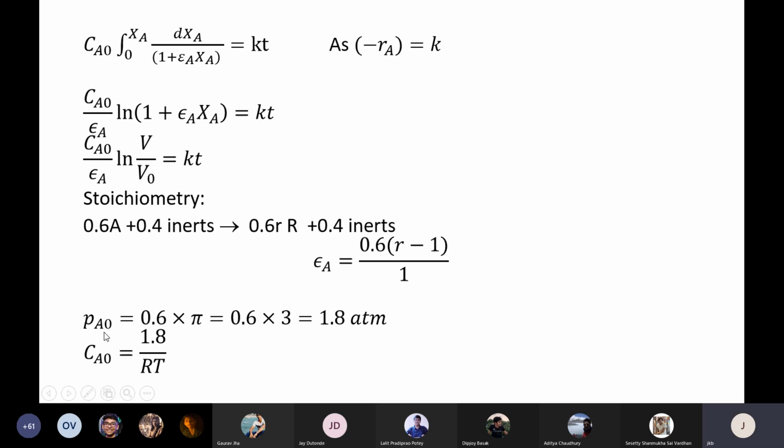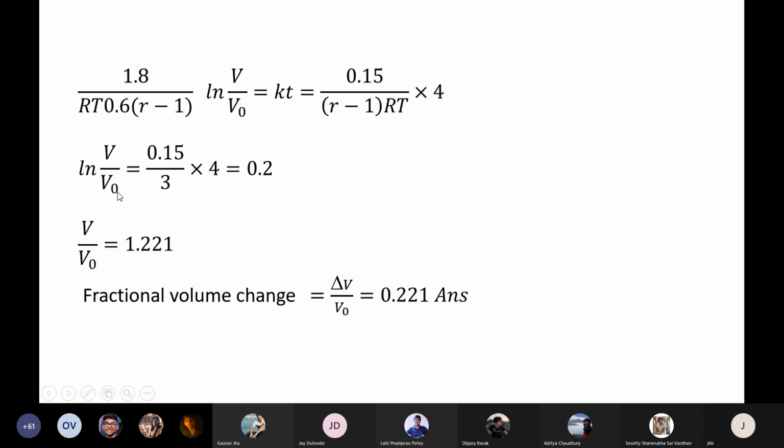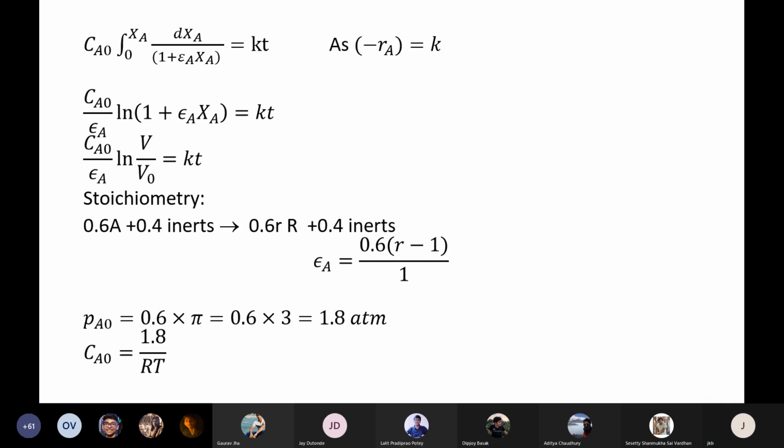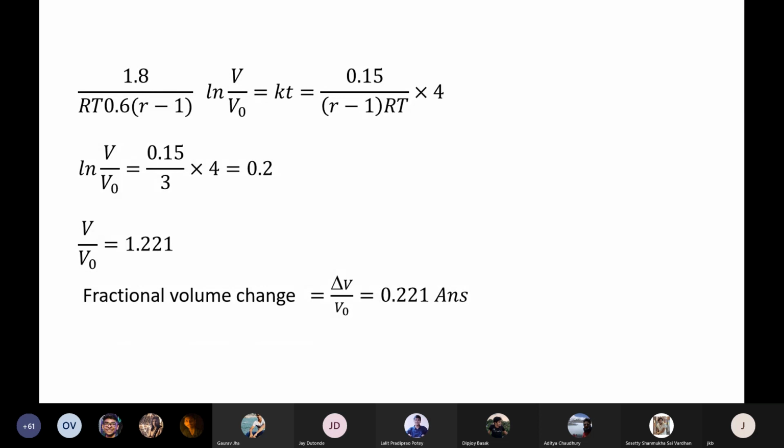Substitute Pa0. Pa0 is 60% of total pressure 3, so Pa0 is 1.8. So Ca0 is 1.8 by RT. So substitute 1.8 by RT, and epsilon as 0.6 R minus 1, and for Kt, K again substituted as 0.15 by RT.